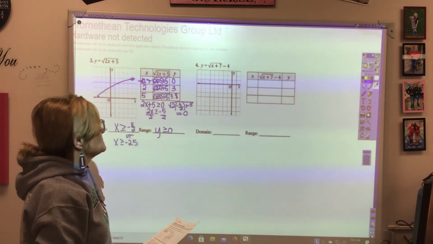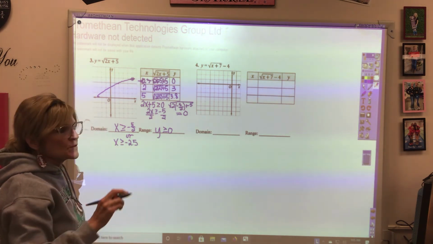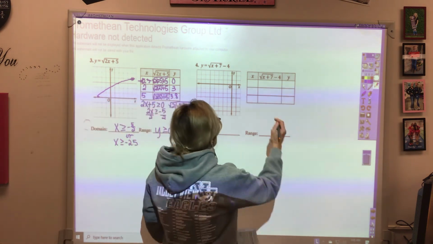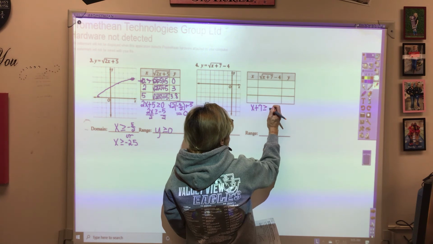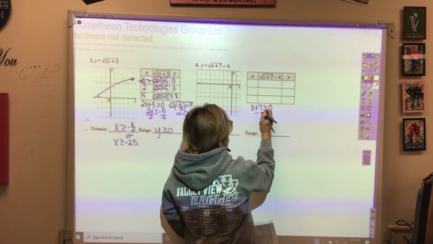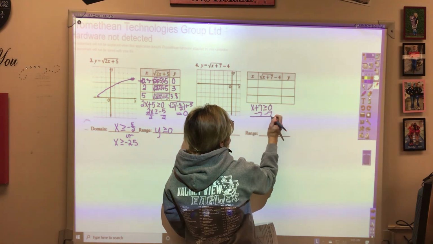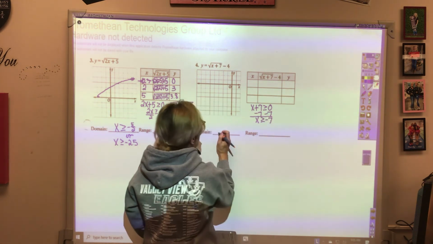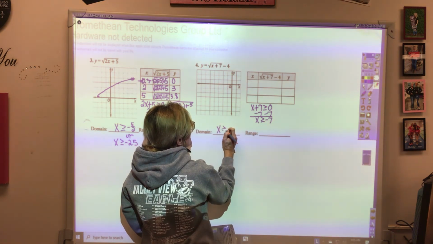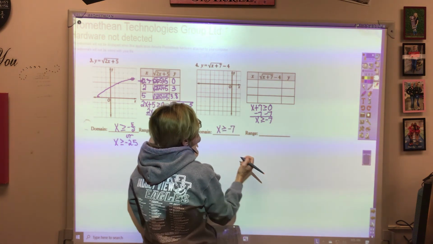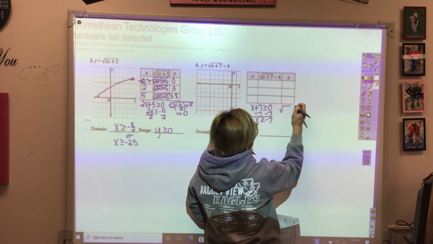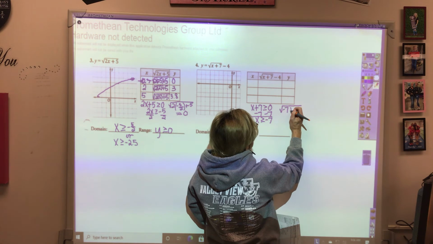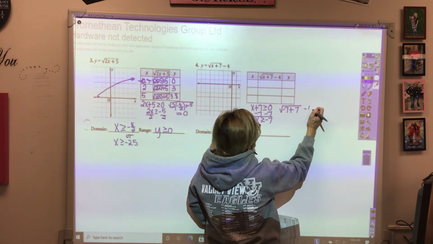Okay, and the last one, take what's underneath the square root to find the domain. So I take x plus 7, set it greater than or equal to 0, subtract 7 from both sides. X will be greater than or equal to negative 7, so that's our domain. Now, when we figure out for y, we use the whole function. So we have negative 7 plus 7 minus 4.